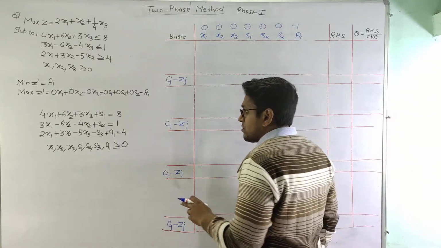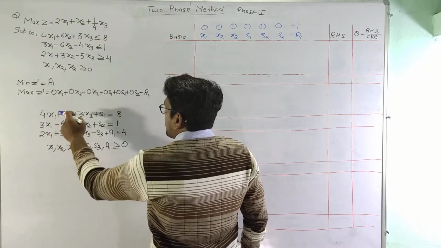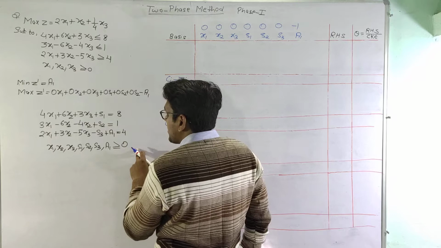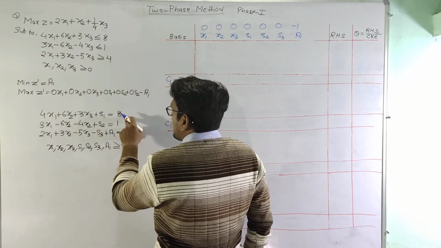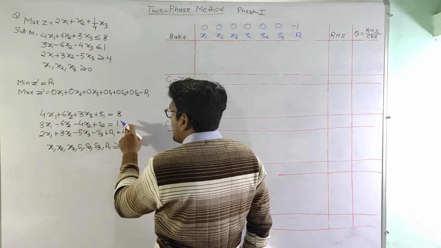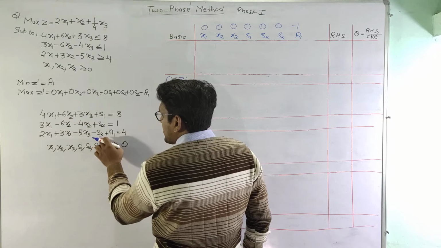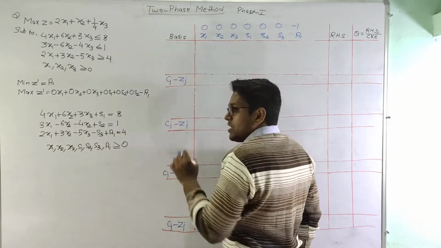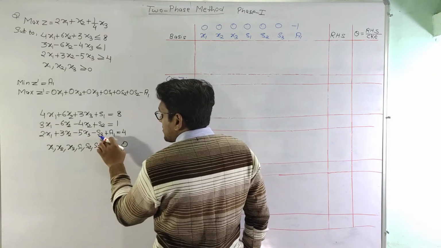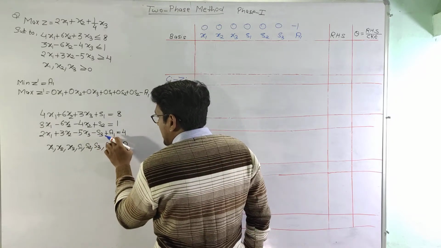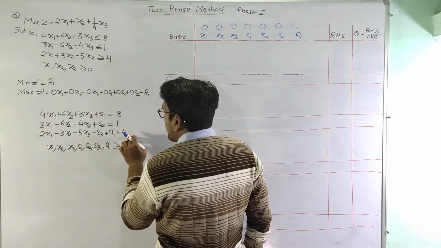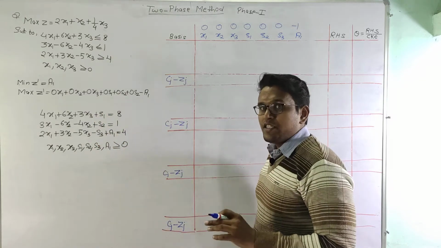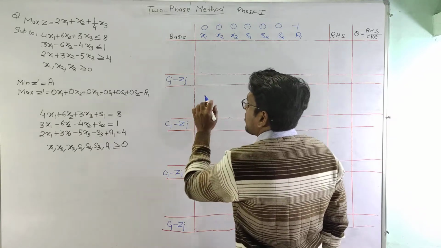And we also know that if we put x1 equal to 0, x2 equal to 0, x3 equal to 0 in these three equations, we will get s1 equals 8, s2 equals 1, and s3 equal to 0, because s3 is not eligible to participate in the basis column, and we will get a1 equal to 4. So s1, s2 and a1 all three are eligible to enter the basis column.